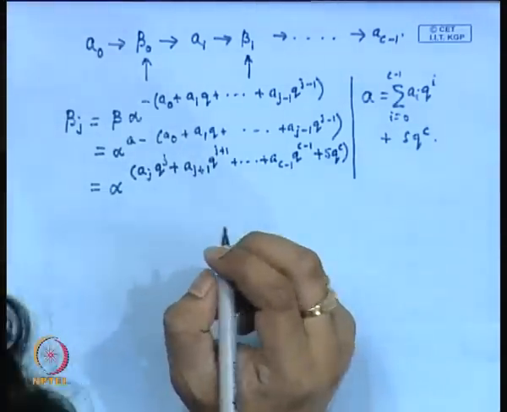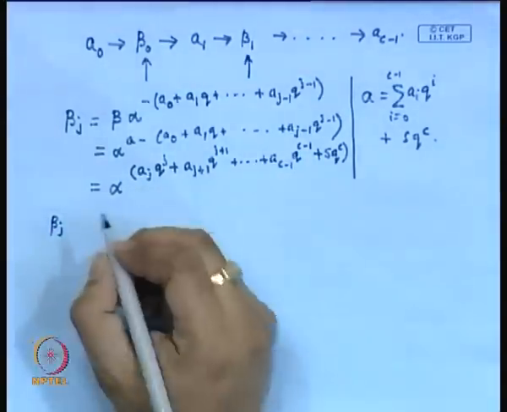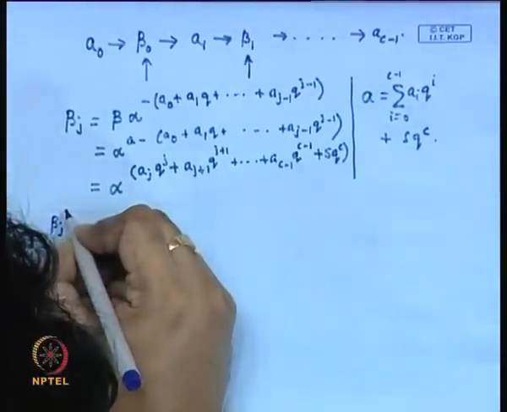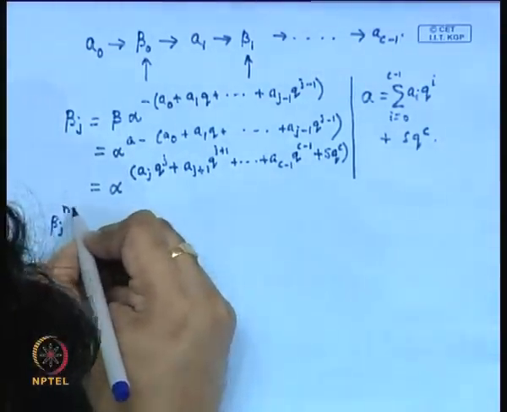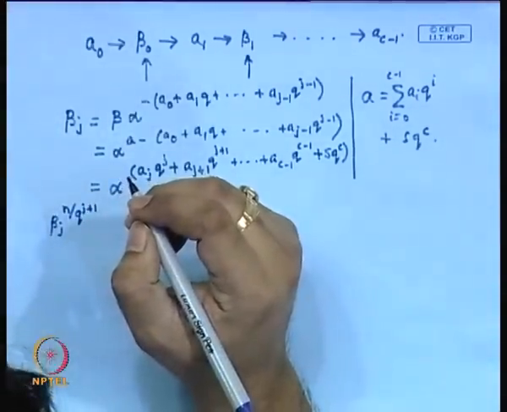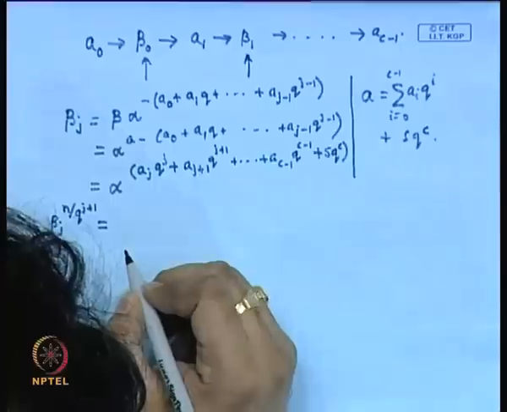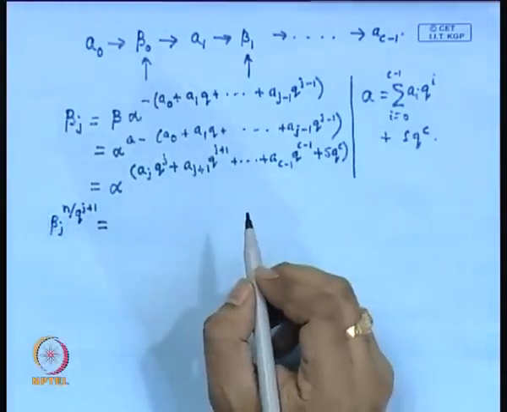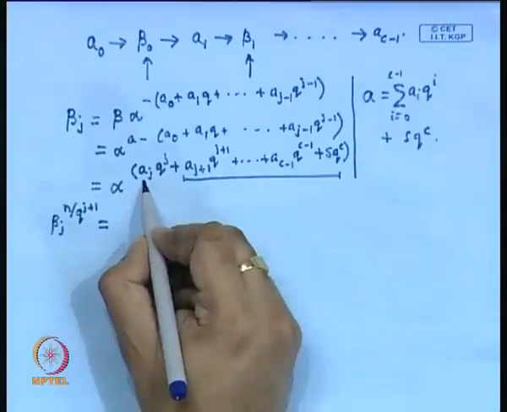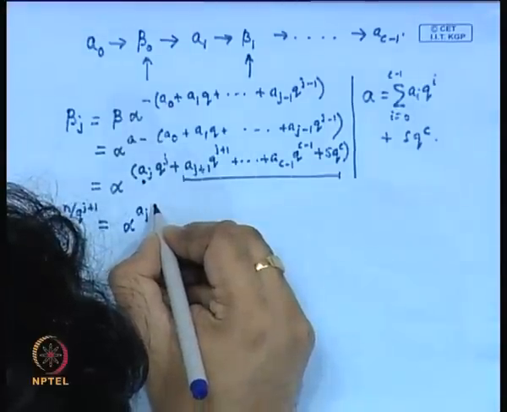What we do next is, like in our previous case when we computed A0, we raise this beta j to the power of n by q^(j plus 1). If you do that, you will see that all the higher terms get cancelled except for this one. So here you have alpha to the power of Aj by q.